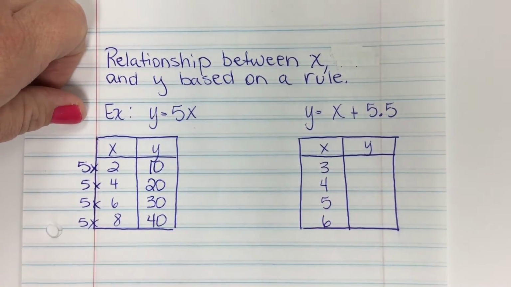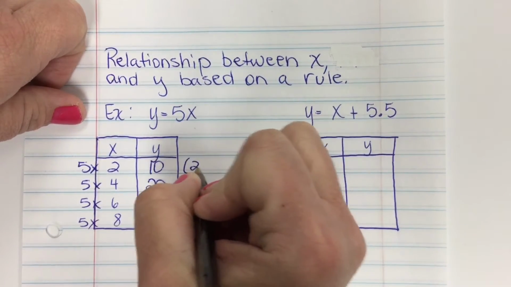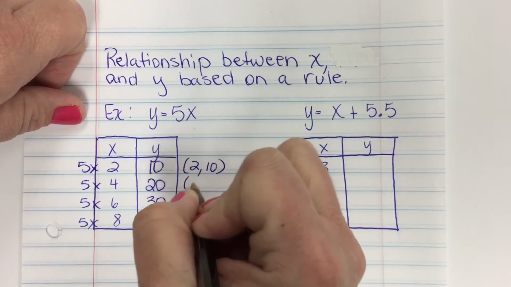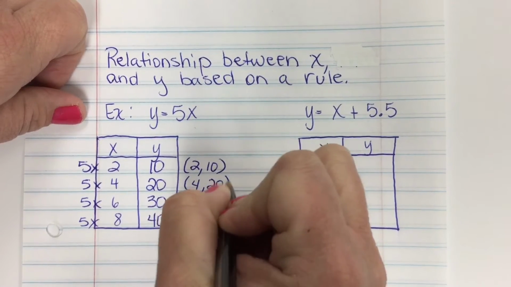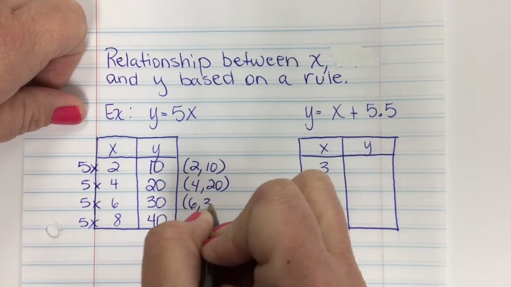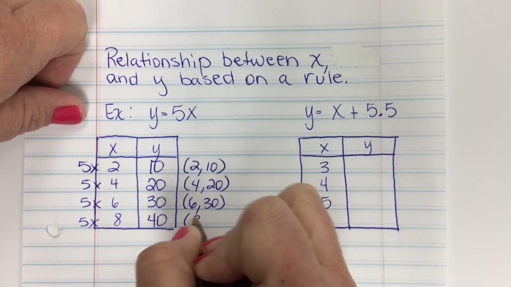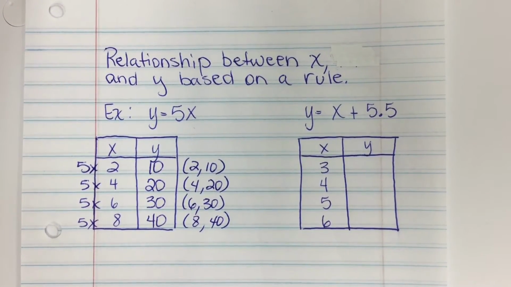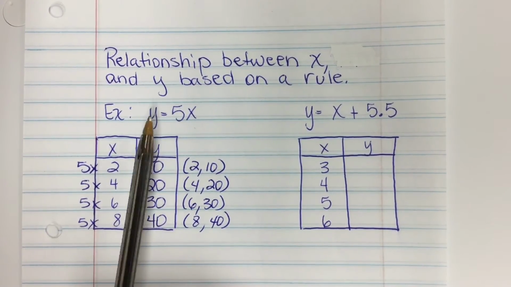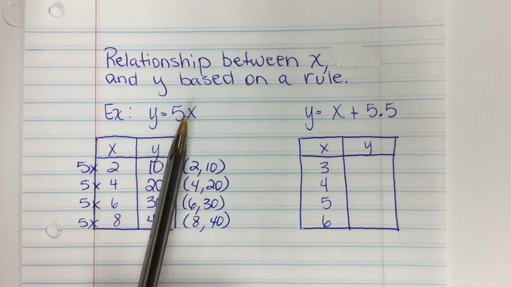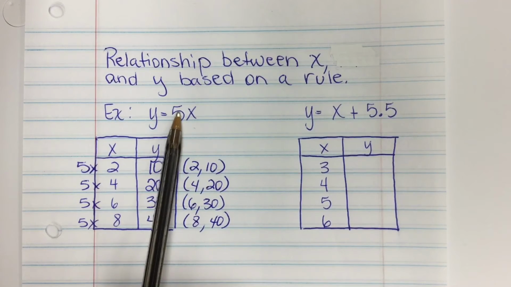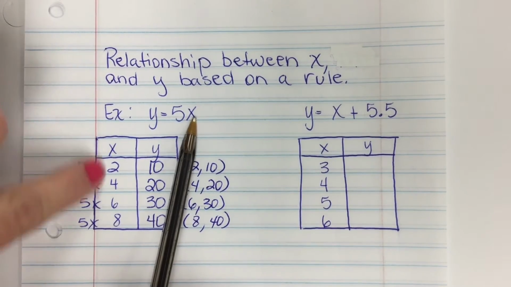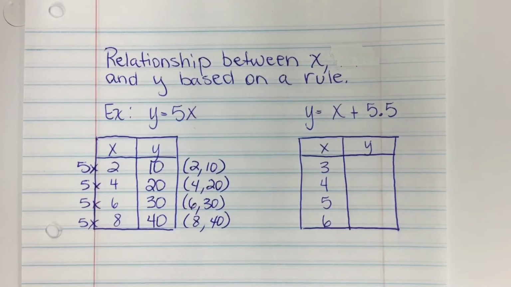So if we were looking for ordered pairs, it would be 2, 10, 4, 20, 6, 30, and 8, 40. So the relationship between the X and the Y, in this case, the rule is 5X. Y equals 5X. So you're going to multiply all of your X with the number 5.